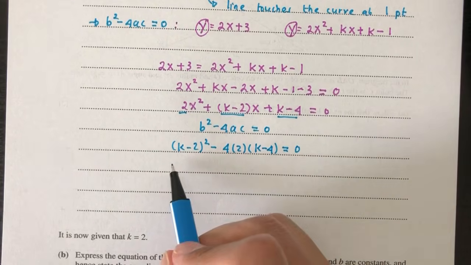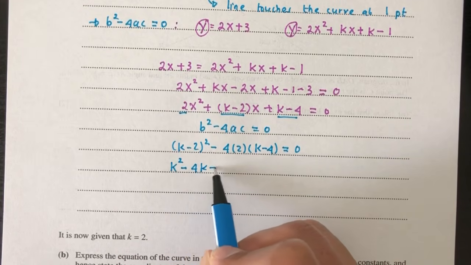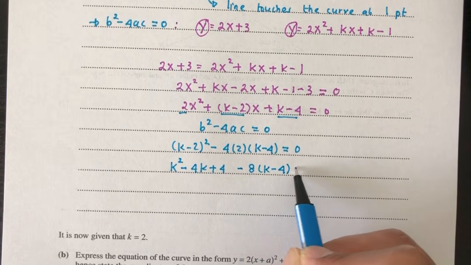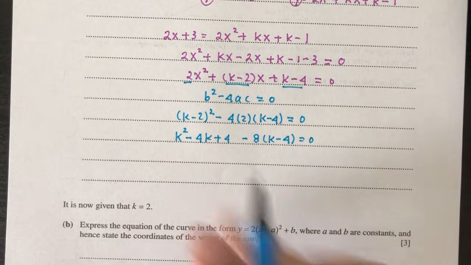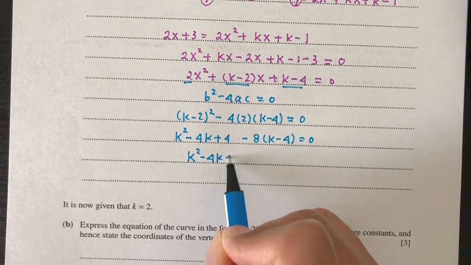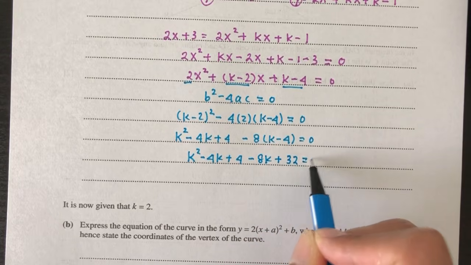Now expand, you will have k squared minus 4k plus 4 minus 8 times k minus 4 equal to 0. If you expand, you will have this, and minus 8k plus 32 equal to 0.